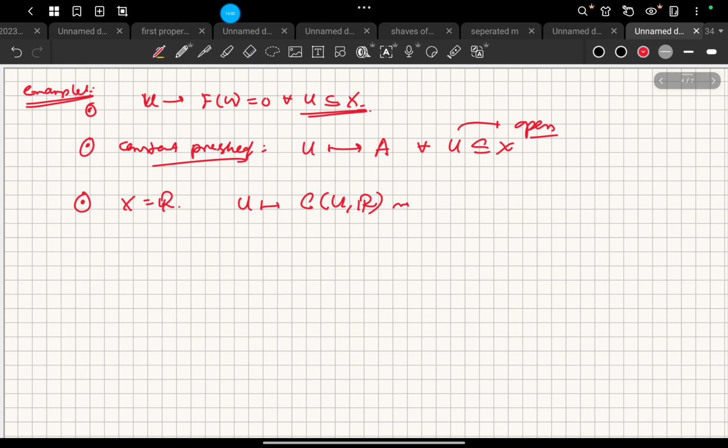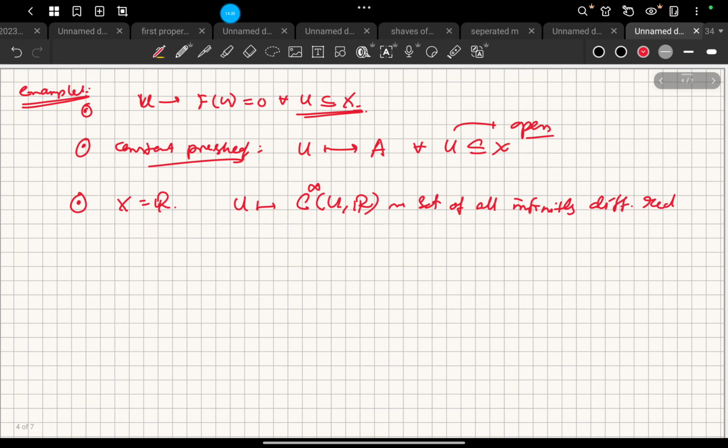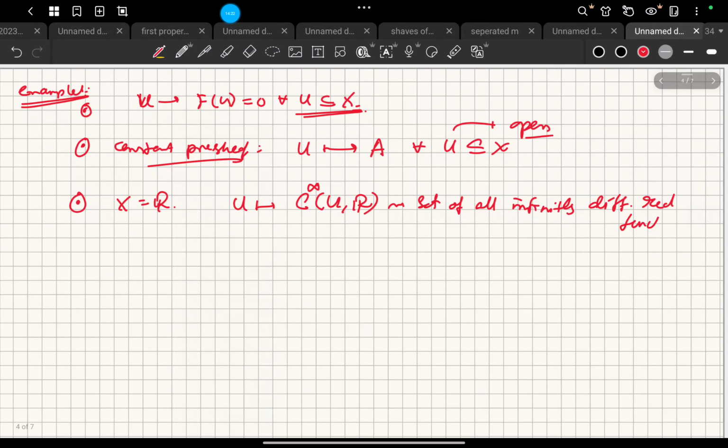In fact, you can choose C infinity as well. So let us consider C infinity, the set of all infinitely differentiable real functions. So these are some examples of presheaf.